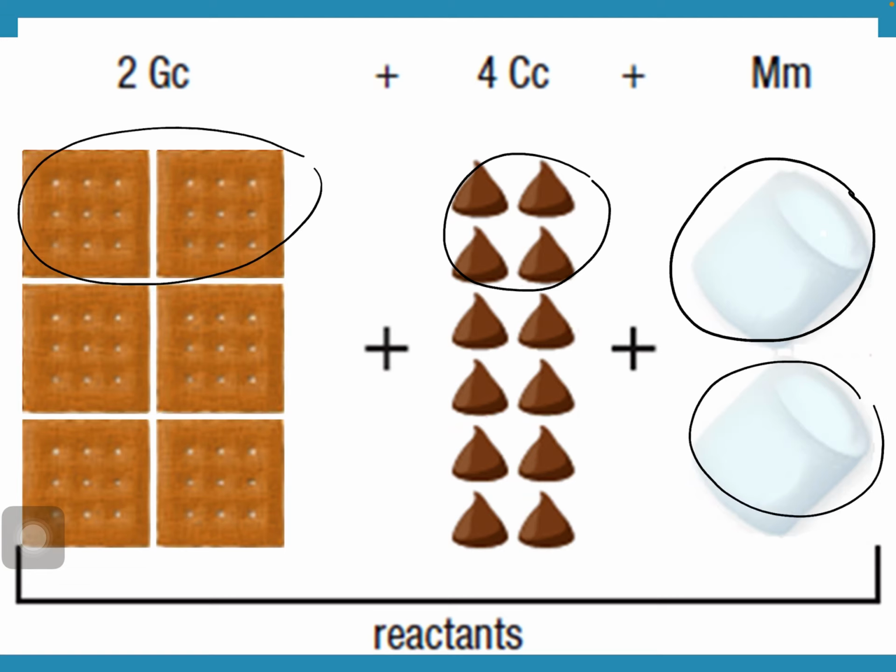So my next marshmallow, another 4 and another 2. So in this case, I'm left with 2 graham crackers and 4 chocolate chips. So my marshmallows here would be limiting how many s'mores I can make. That's called my limiting reagent or limiting reactant. And the graham crackers and chocolate chips I have in excess.